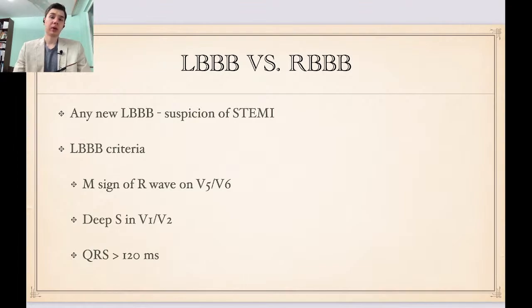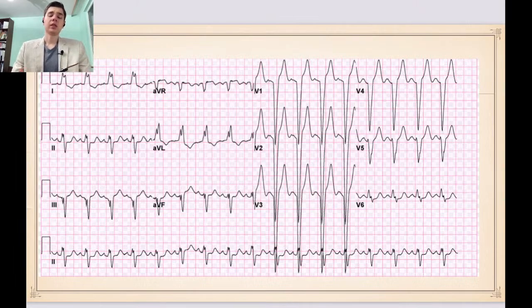The criteria for left bundle branch block are an M sign of the R wave on V5, V6, a deep S wave in V1, V2, and a QRS of greater than 120 milliseconds. This is how a left bundle branch block looks like.